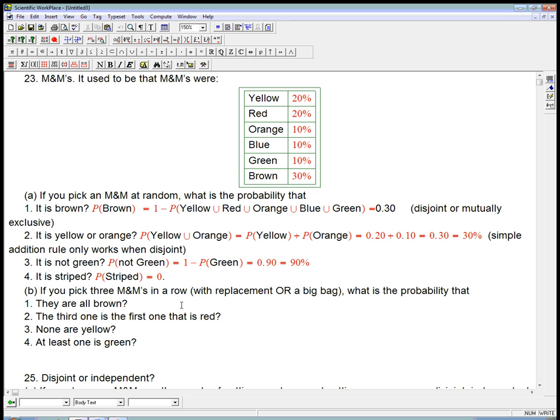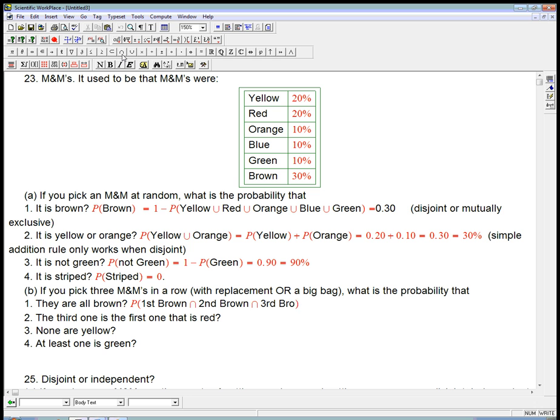What's the probability that they're all brown? Well, that's an and. That's the probability that the first is brown, and we use the intersect symbol, the second is brown, and the third is brown.